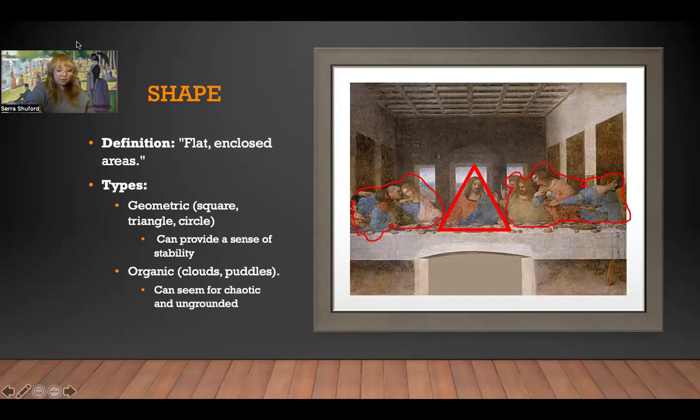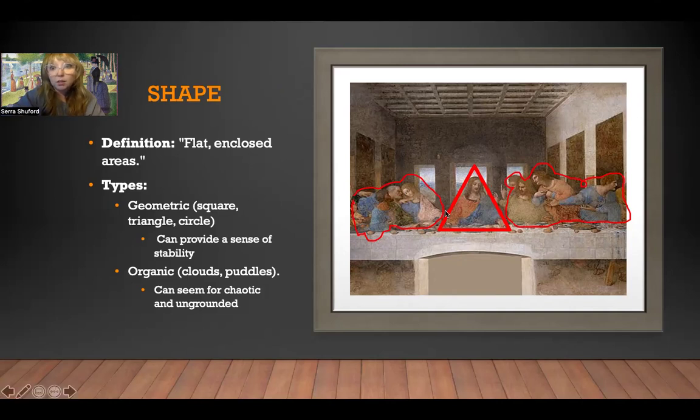And so this isn't, I know, in the actual Last Supper artwork, but I want to draw a little comparison here on some shapes that are being implied and created. So we have here this organic shape that is created through the figures on the left and the figures on the right. There's no real sense of groundedness there.